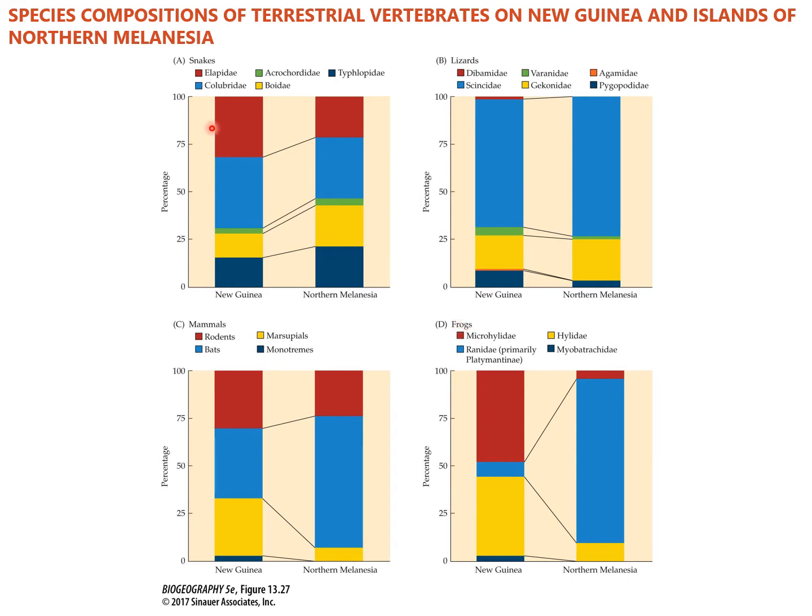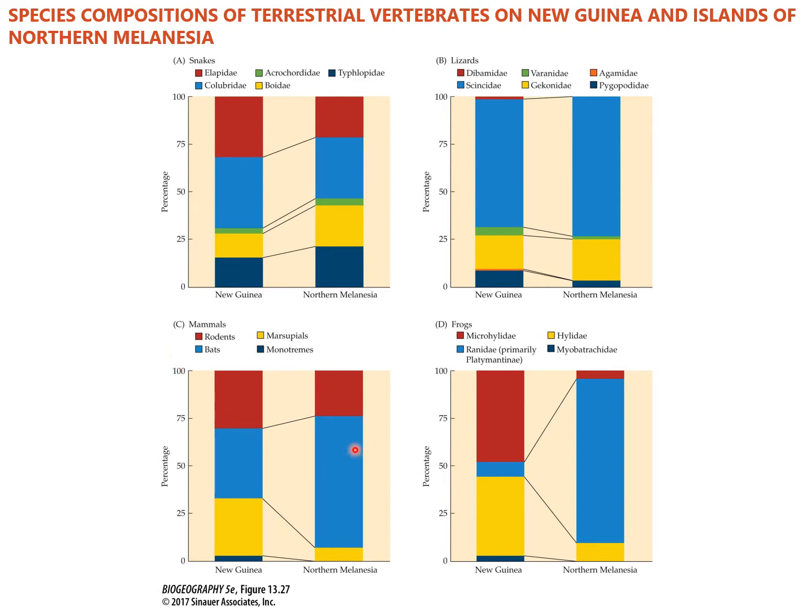What you're seeing is the proportion of each group on the mainland versus on the island. For snakes, there's actually not a huge difference. The proportions are pretty similar for these different clades, which I think are probably families of snakes. Lizards are not that different either.